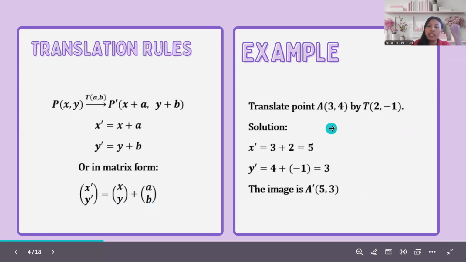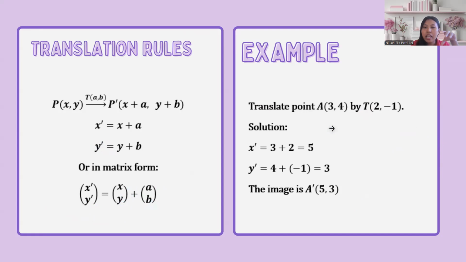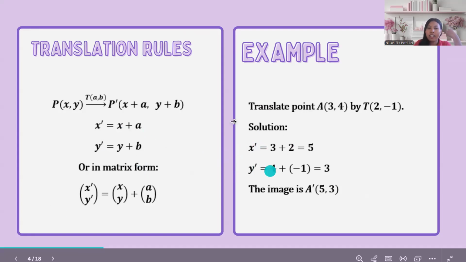For example, translate point A(3, 4) by T(2, -1). Using this formula, x' equals 3 plus 2, which is 5. Then y' equals 4 plus -1, which is 3. So the image is A'(5, 3). Do you understand?